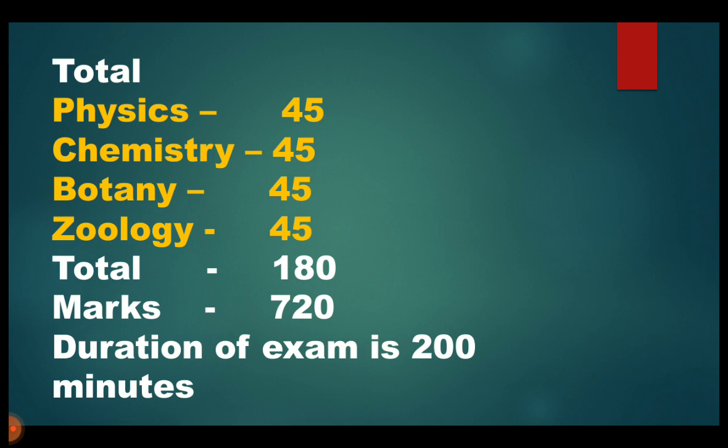Overall, subject wise, 45 questions will be considered, means a total of 180 questions out of 200, for 720 marks. See, we have almost an extra 20 minutes compared to previous years. Last year, 2021, it was also implemented.